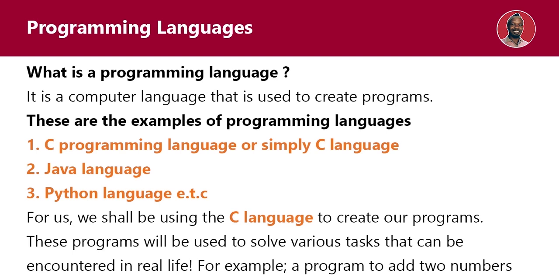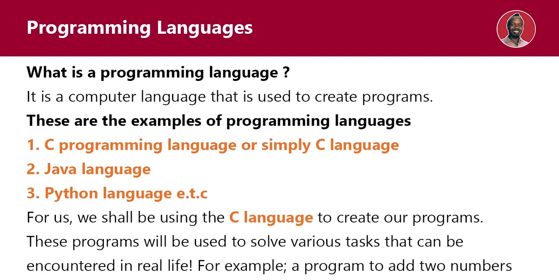These programming languages are used to achieve certain objectives, as you will see later. But for us, we shall be concentrating more on the C language. But after acquiring knowledge in C language, you'll be able to program in other programming languages.